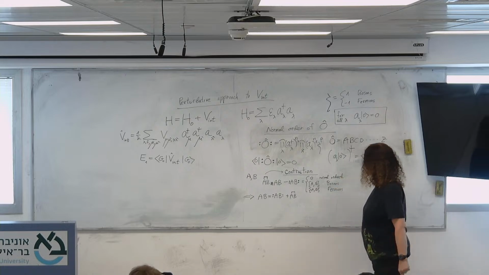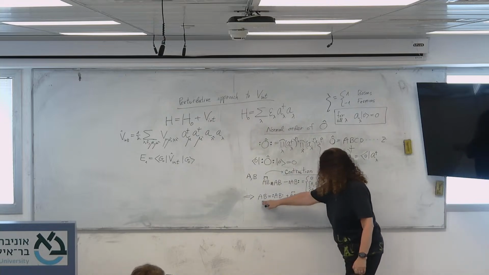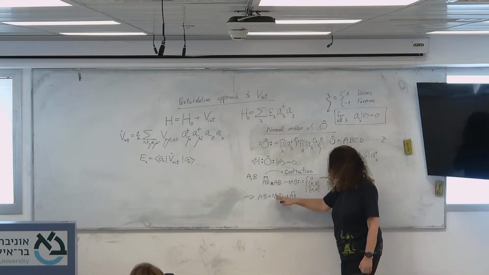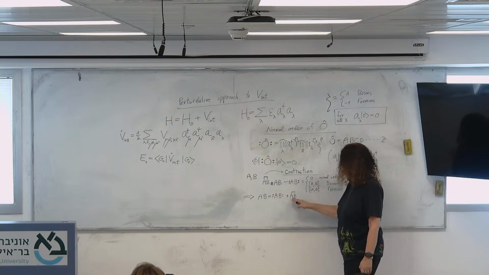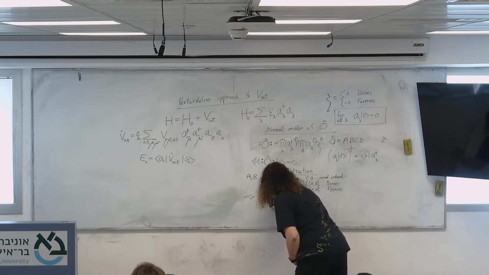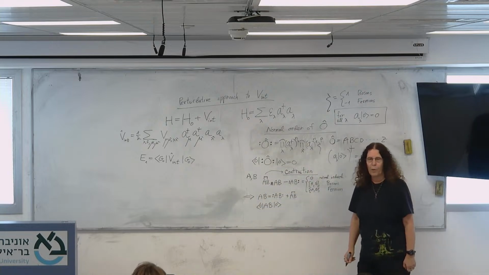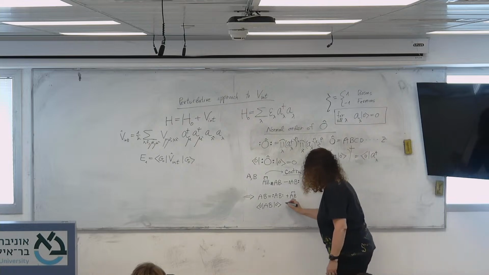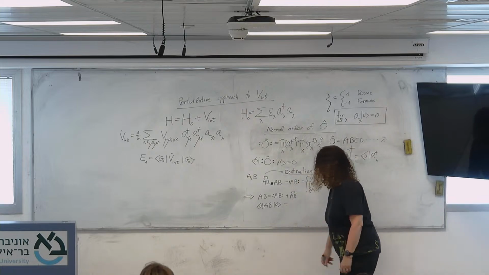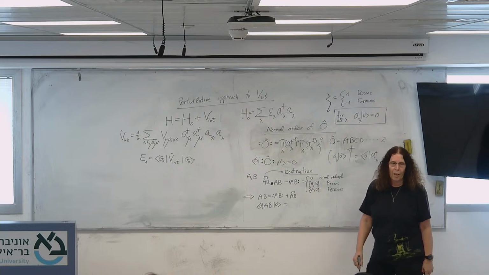Okay? All right, so I can always do this. I can write it as normal order, which is an operator, plus a number. And if I want to compute the vacuum expectation value of this product of operators, then what is it going to be? Only the contraction, exactly. Why?